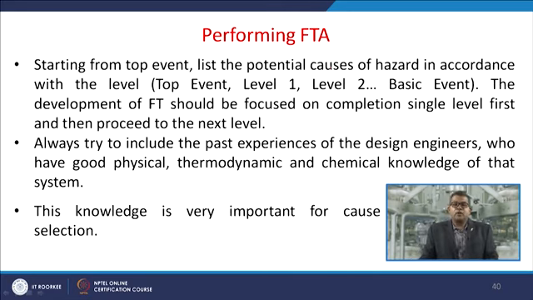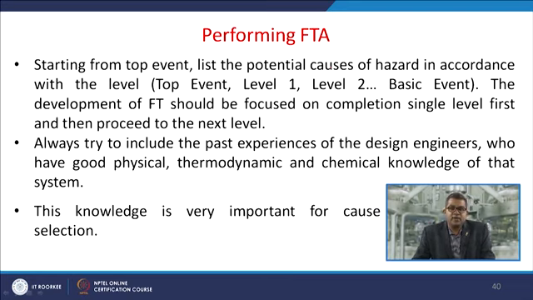Then starting from the top event, list the potential causes of the hazard in accordance with the level, that is the top level, level 1, 2, 3 down to the basic event. The development of the fault tree should focus on completion of a single level first and then proceed to the next level.